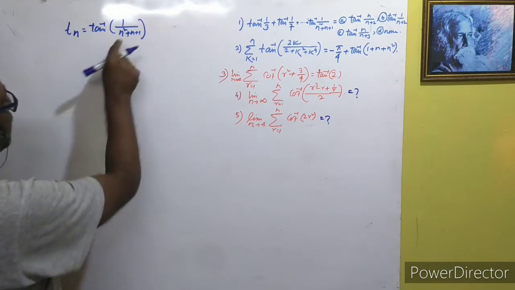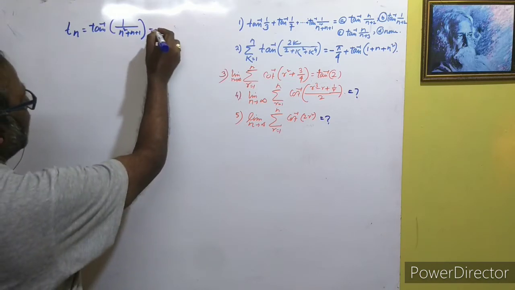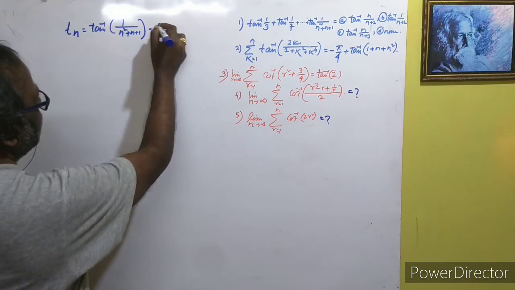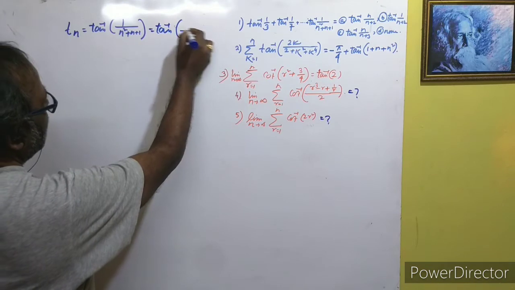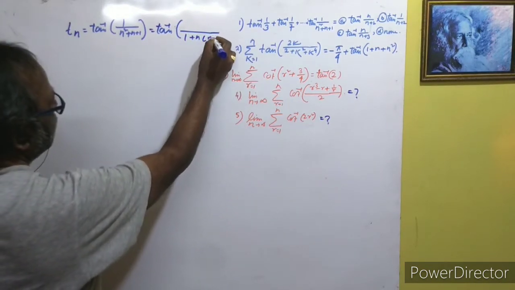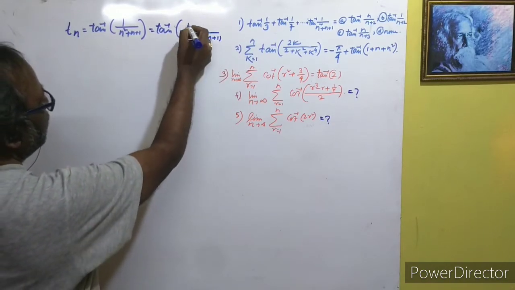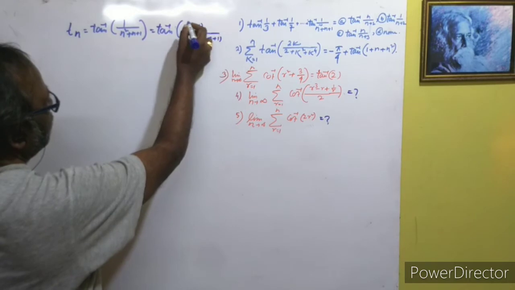This can be written as, see here carefully, 1 plus, taking a common n from the other two. If we subtract in the numerator part, then we get a formula.